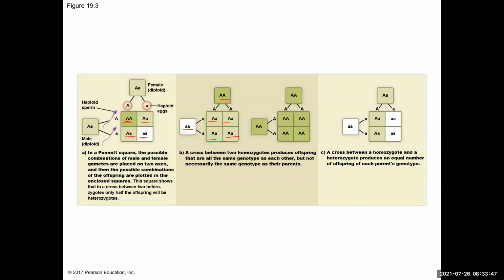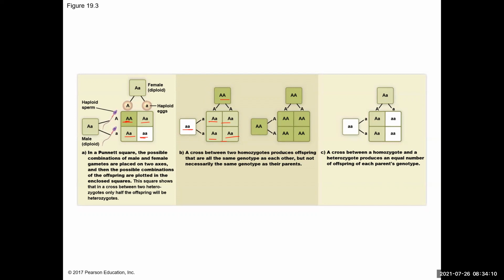But this Punnett square, in this situation, is only working for, say, dominant recessive alleles. And we'll talk about some variations in the last video for this chapter, where you will have variation from dominant recessive to where there are other patterns of inheritance.